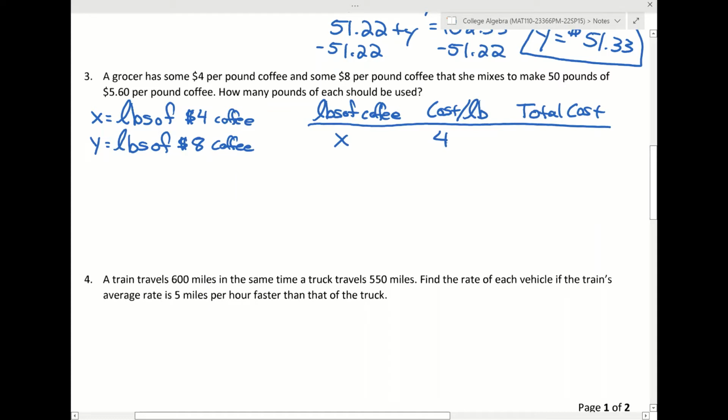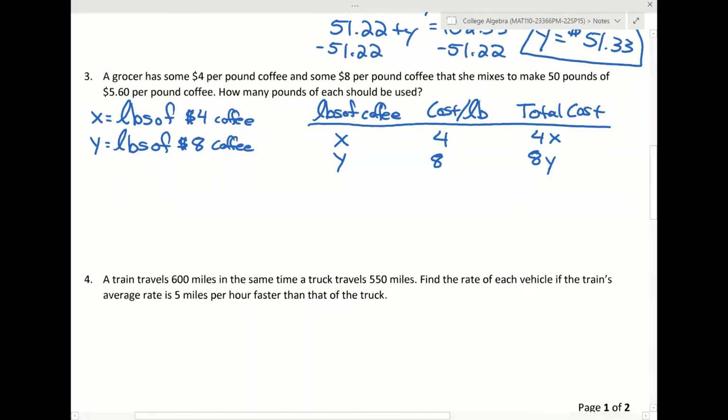So the total cost of $4 per pound coffee is just $4 times the number of pounds of coffee we have. Same thing with Y. Y represents the pounds of $8 per pound coffee. So we take 8 and multiply that by the number of pounds of $8 per pound coffee.